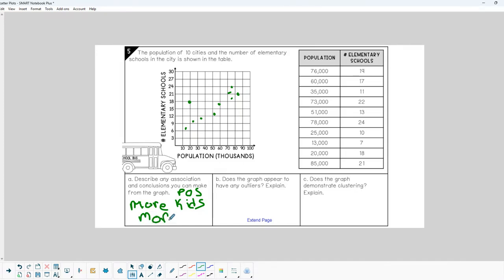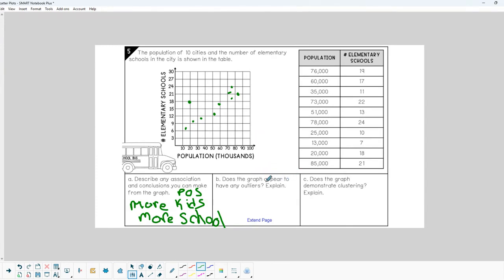And if you wanted to get really technical, you could probably use a little average of population per school to find out how many people there have to be in order for the school district to build a school.